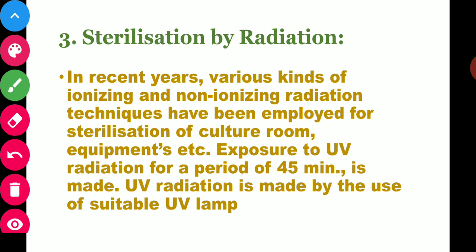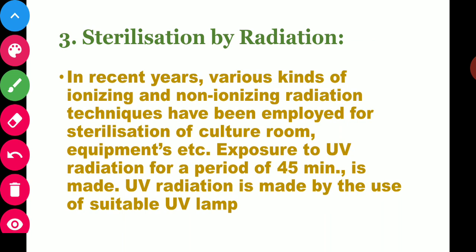It is also used in the laminar flow clean air bench, where a UV tube light is there, and before making any transfer on the laminar flow top, we use the UV tube light for a minute or 5 minutes.